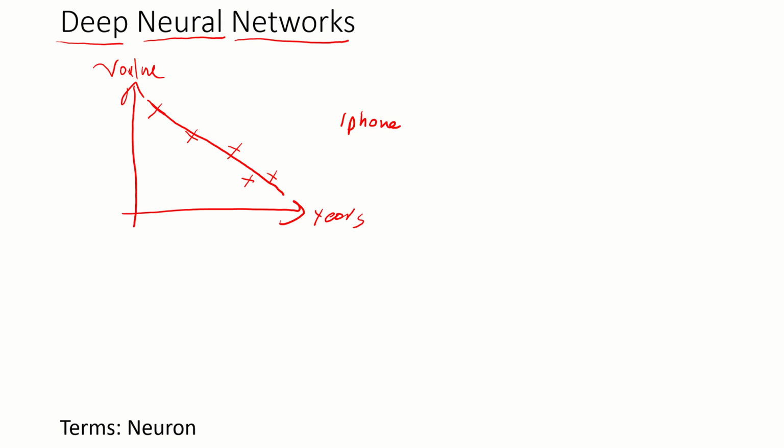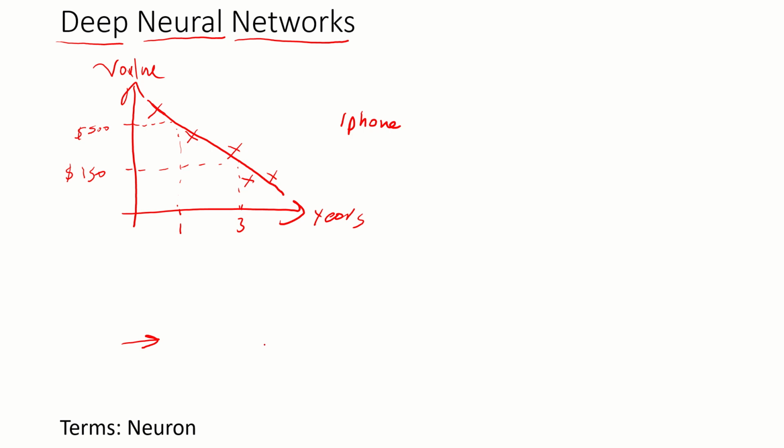How can we model this relationship? Let's say at year 1, we know that the value, for example, will be $500. But at year 3, the value will drop down to $150.